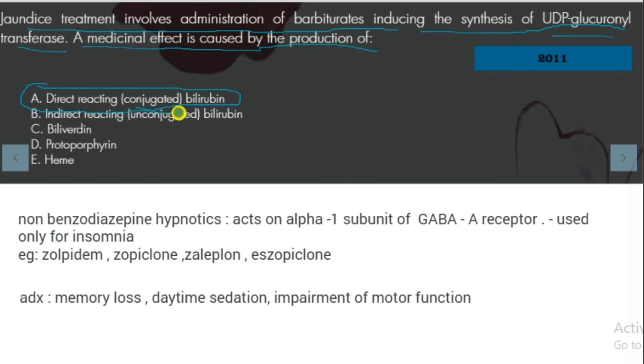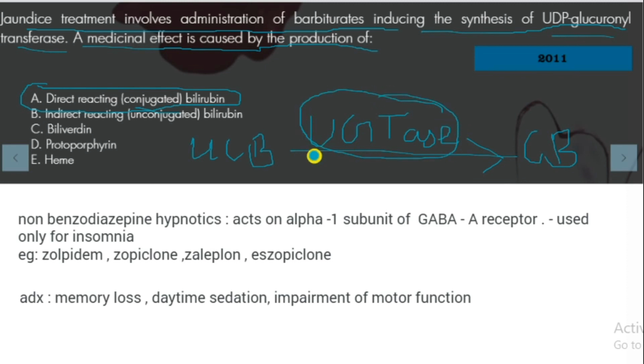What is its function? It conjugates. Unconjugated bilirubin is converted into conjugated bilirubin by using UDP glucuronide transferase.